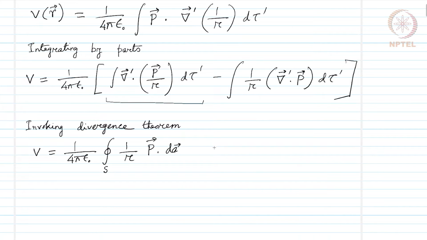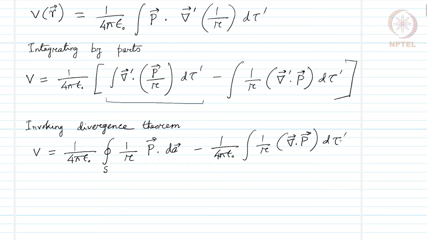We can do that. And the next term remains as it is, 1 over 4 pi epsilon naught, volume integral of 1 over curly r, del dot P, divergence of P, d tau prime. That is what we get.